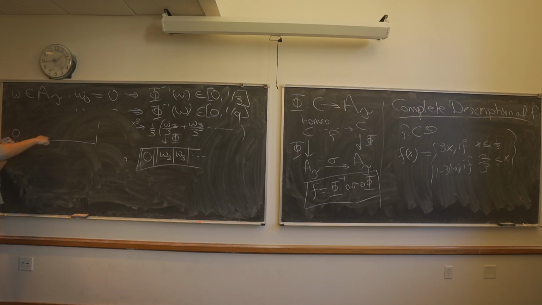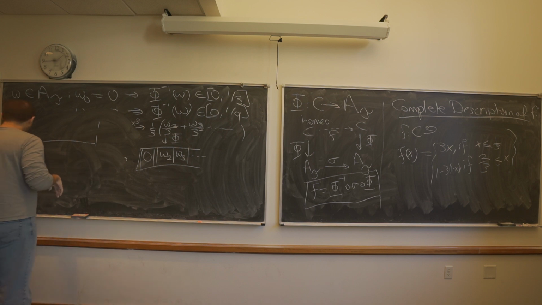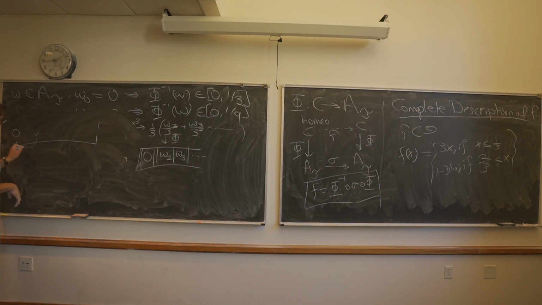No matter which endpoint it is closer to, you take that point and you expand the direction between x and that point it is closest to by a factor of 3. So if x is here, you push it that way. If x is somewhere here, you push it that way.